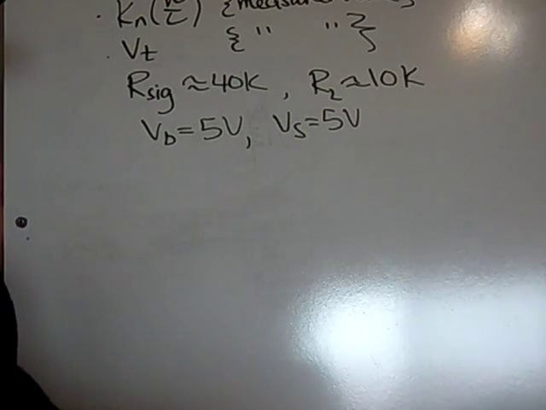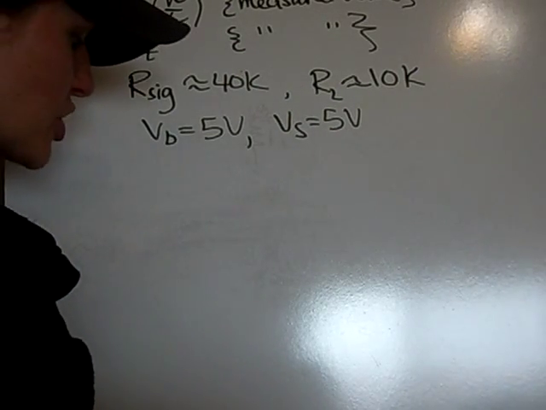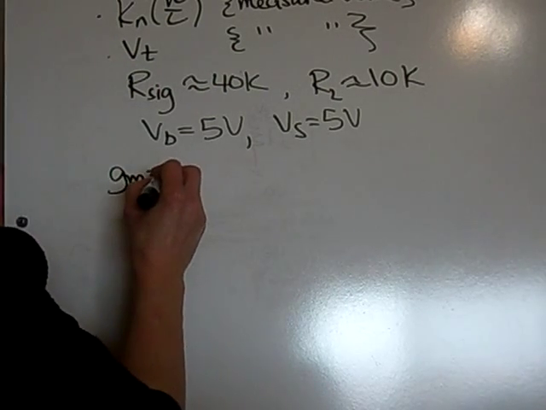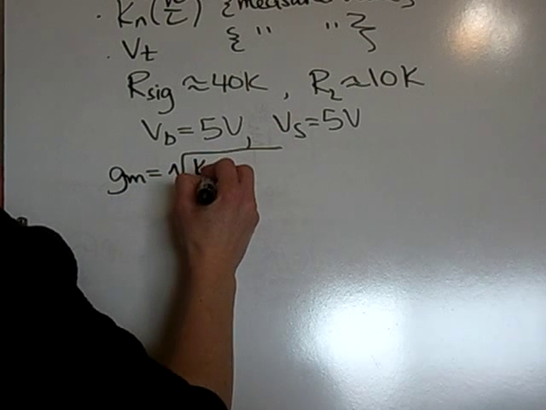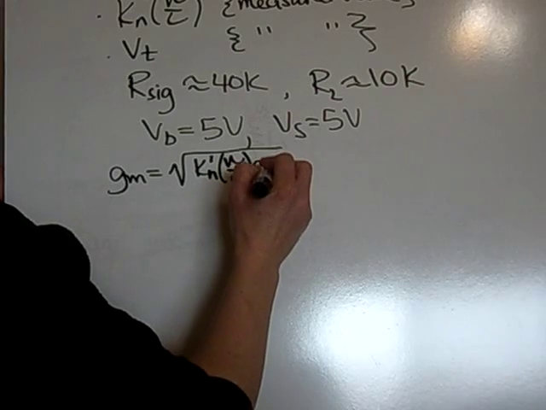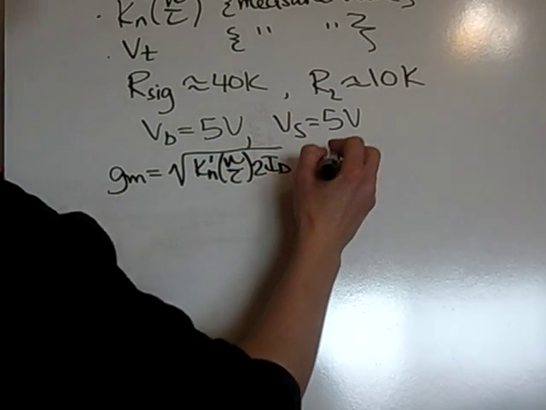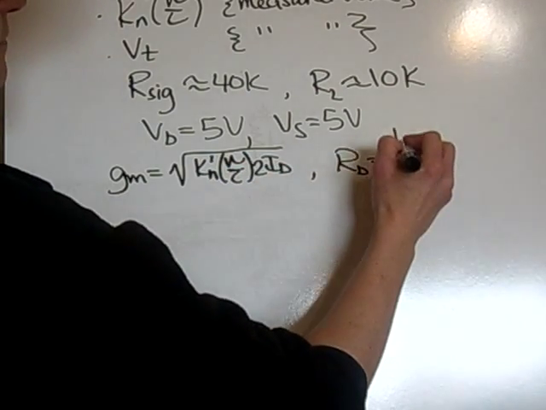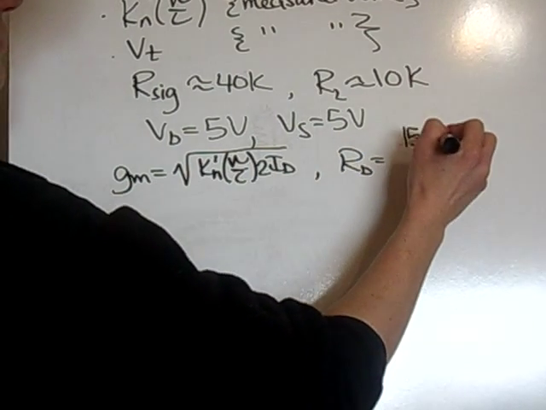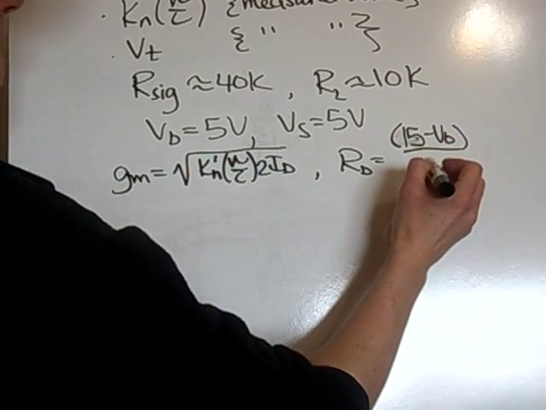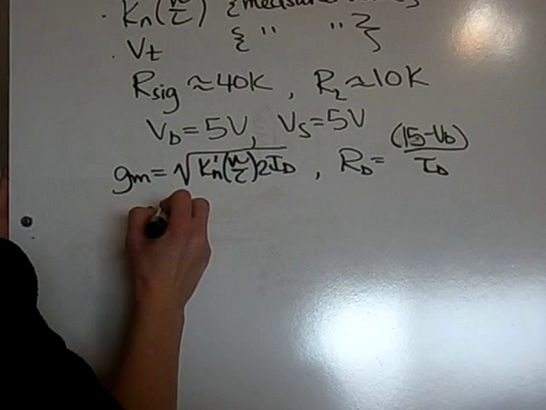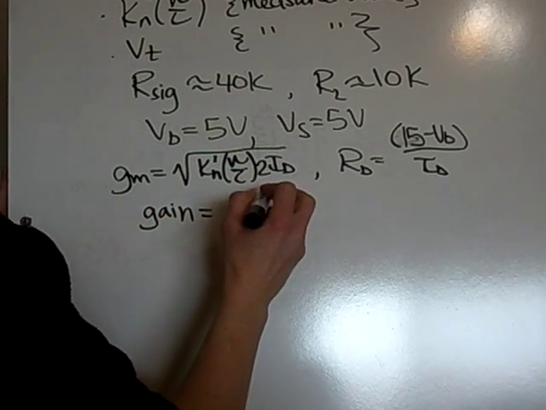Then I'm going to use those equations. So I know gm and RD, and VDD, which in this case I used 15.